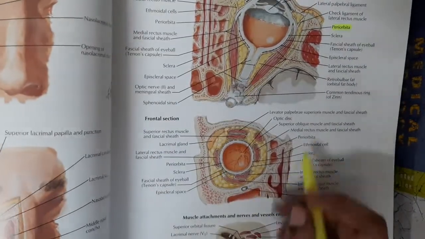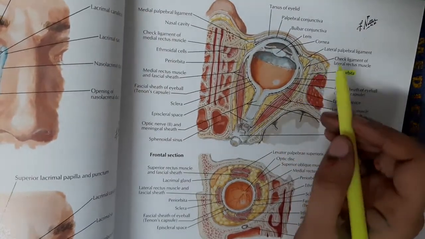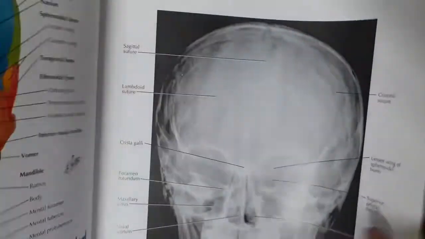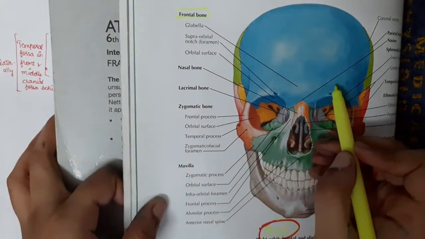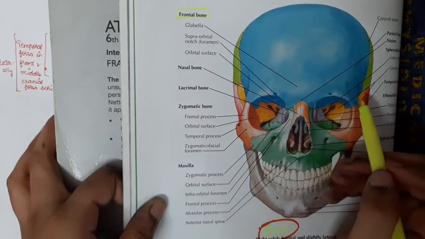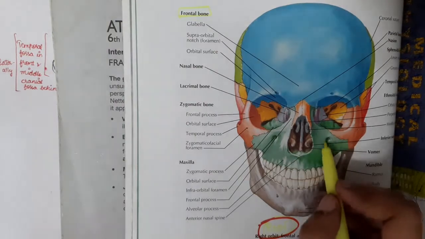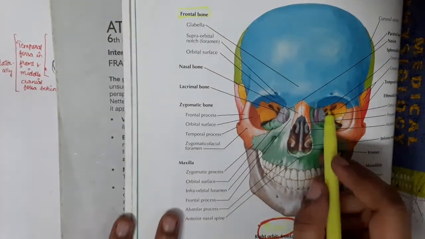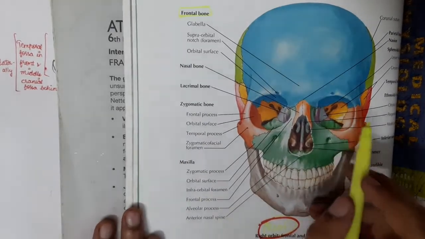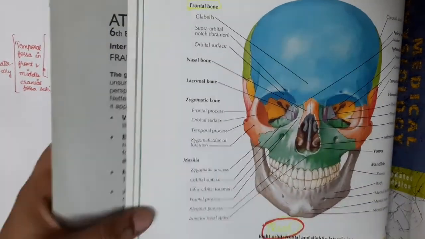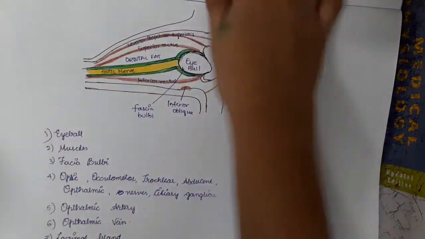This periorbita at the superior orbital fissure becomes continuous with the exterior of the skull, and at the inferior orbital fissure it is continuous with the skull, whereas at the optic canal it is continuous with the interior of the skull. So this is about the periorbita, which is also called orbital fascia.